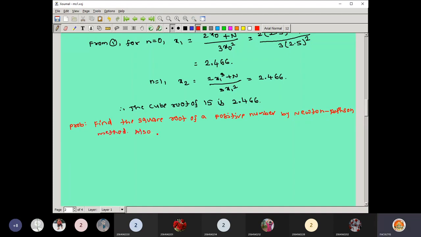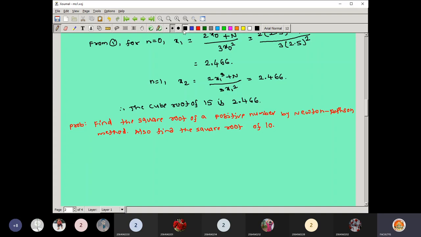Also find the square root of 10. First derive the formula, then you are calculating the square root of 10.